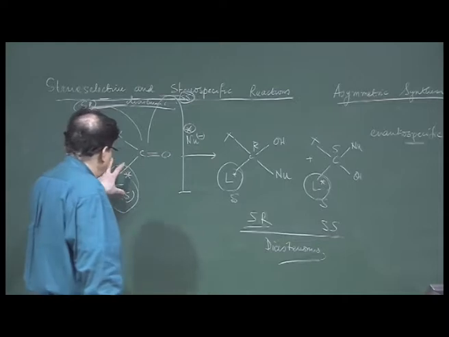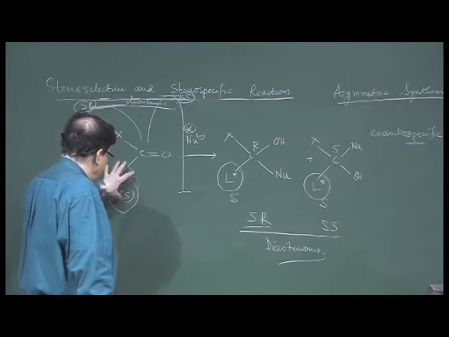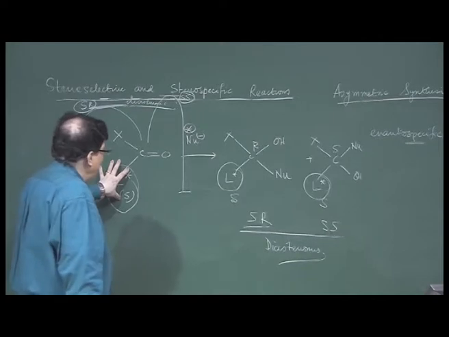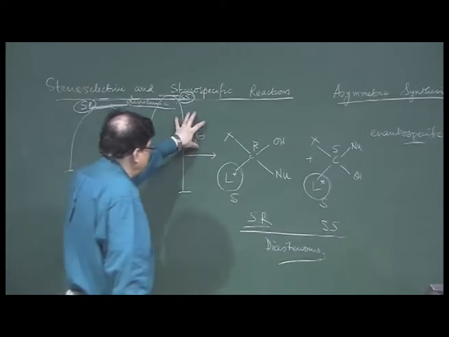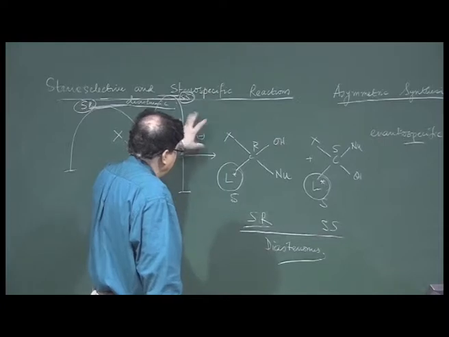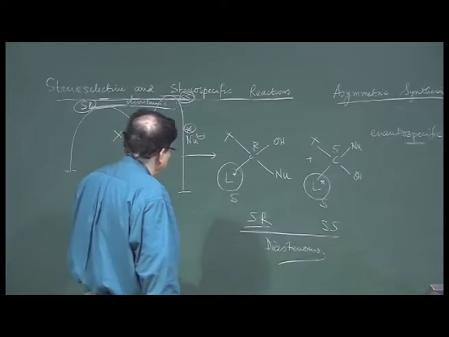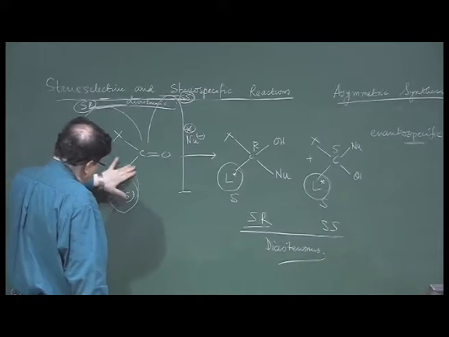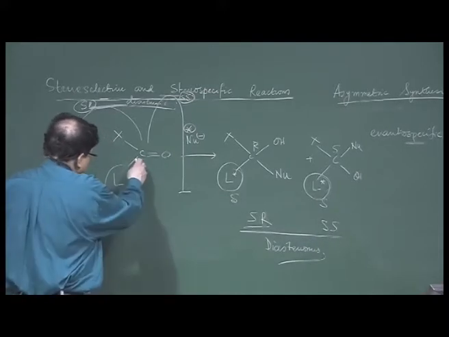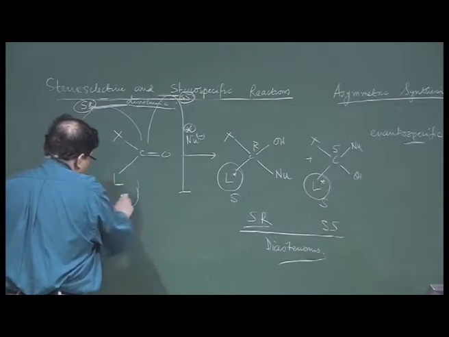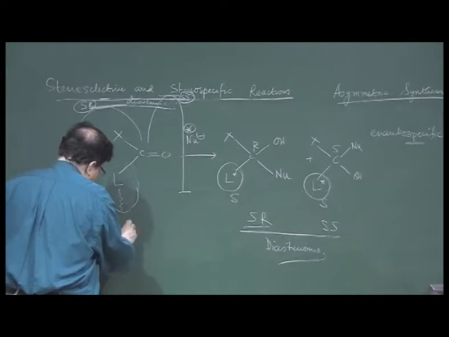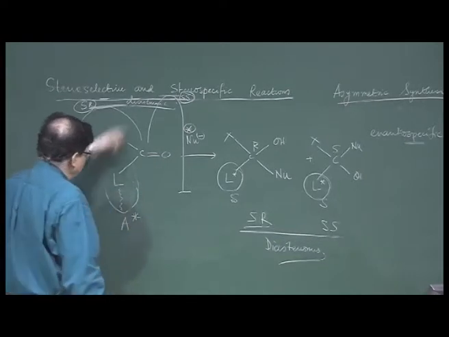Either you use an already attached asymmetric center, or you can have a chiral nucleophile, or you can have a chiral catalyst. Or sometimes, if you do not have any asymmetric center, you temporarily attach a chiral center to it and then do the reaction.